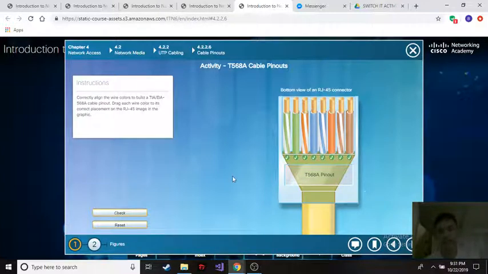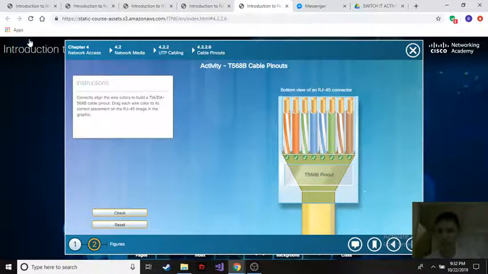So that is the tip. And also remember that the blue pair is always at the center. As you can see in figure 1, which is the T568A, the blue pair is always in the middle. In figure 2, the blue pair wire is also in the middle.